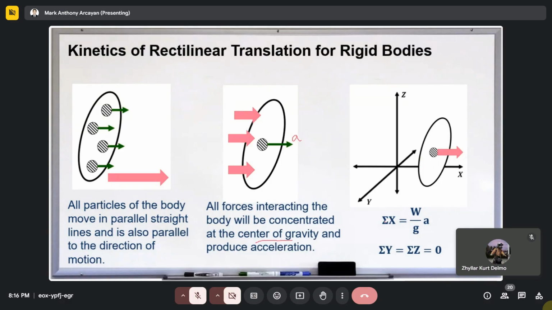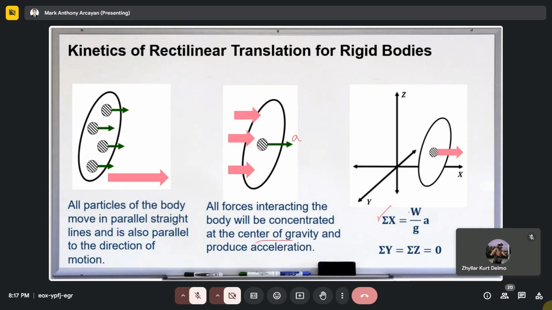Therefore, following the D'Alembert principle, we say that the summation of the impressed forces, which are the external forces, is the same idea when we take summation of forces from your statics. So we take the summation of those external forces that act on our body, and the effect of that is it can produce an acceleration to the body.